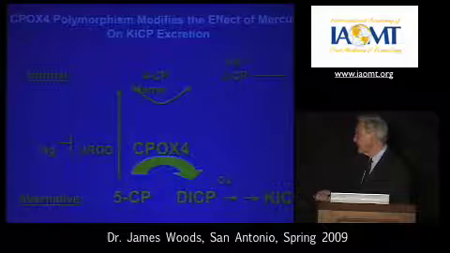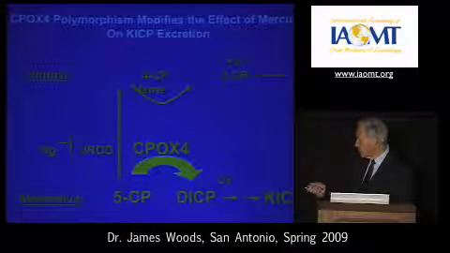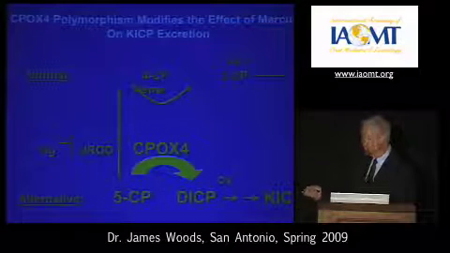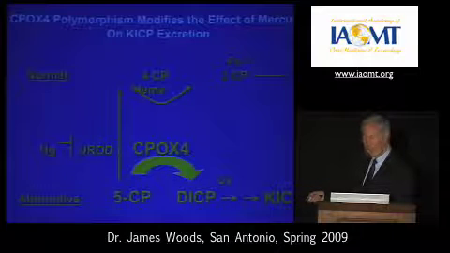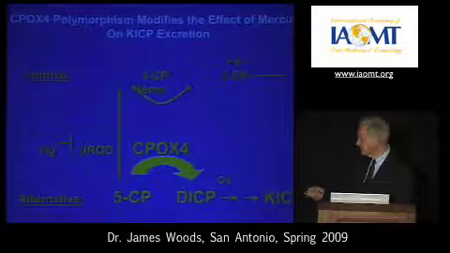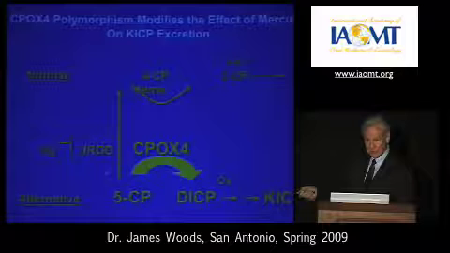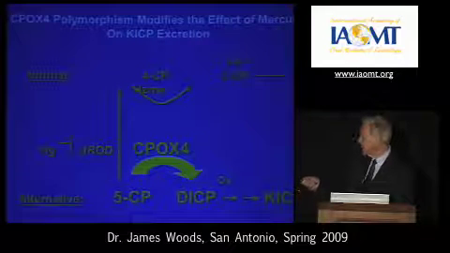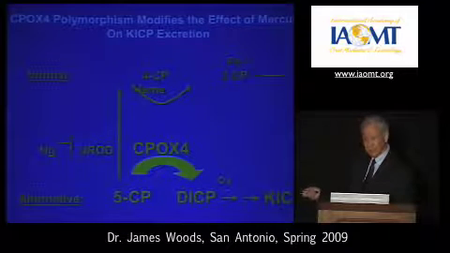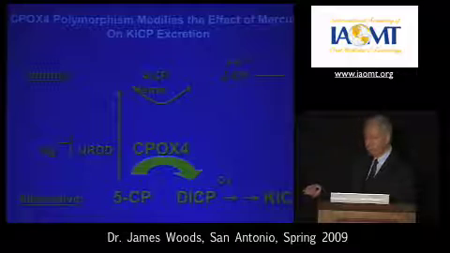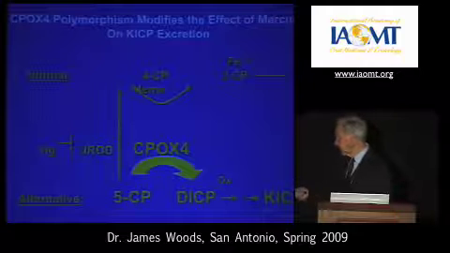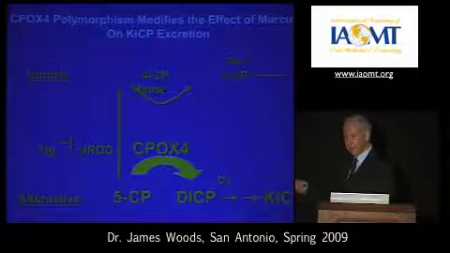But nonetheless, what we think is happening is when mercury inhibits uroporphyrinogen decarboxylase and causes all this 5-carboxylporphyrin to accumulate, the CPOX4, which is a different enzyme from CPOX itself, will preferentially utilize the 5-carboxylporphyrin instead of the 4-carboxylporphyrin, causing an excess of this diiso and keto isocoproporphyrin to be formed. And those are the experiments that are currently in progress and seem to bear out this idea.